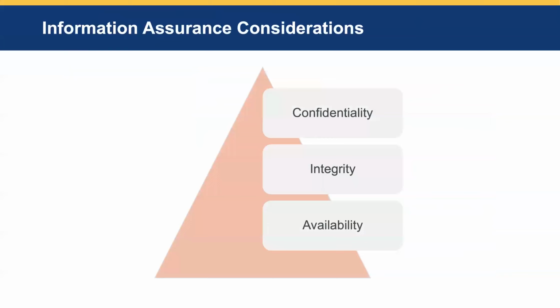So there are various considerations that we need to keep in mind with our information assurance considerations, but what we have to keep into consideration are the goals of confidentiality, integrity, and availability. And so information assurance includes non-repudiation and authentication.